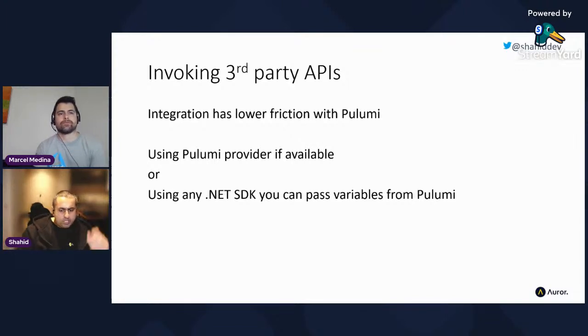Let me give you an example which I used to have in this code, which I've taken out now. There's a feature called Azure websites using storage. I can't remember the proper name for it, but there was a setting that you would enable in a storage account, and essentially it allowed you to serve up some static content as an HTML page. When that feature was first released, it wasn't available to enable in the ARM templates. So you couldn't do it in an ARM template. You couldn't do it in Terraform.